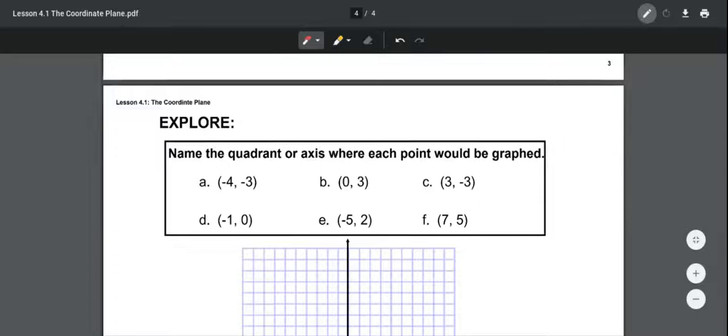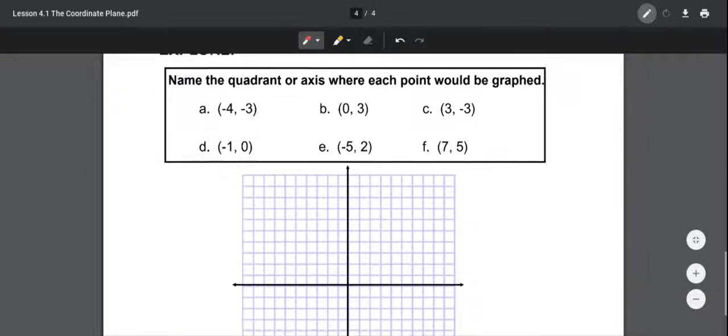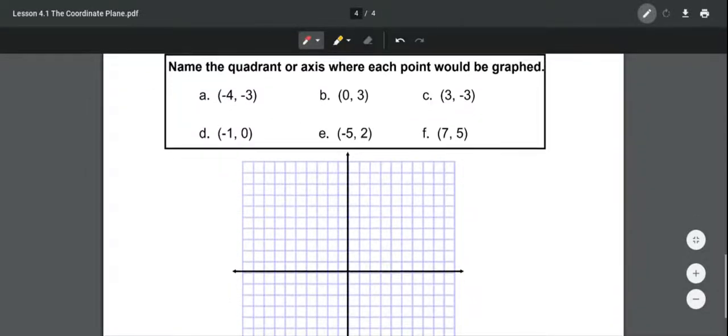Let us explore the quadrants or the axes where each point would be graphed.